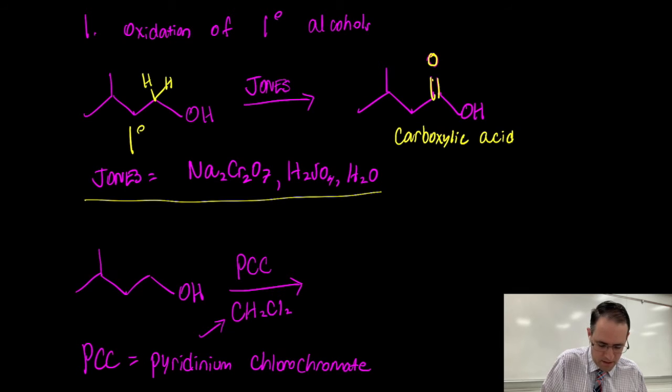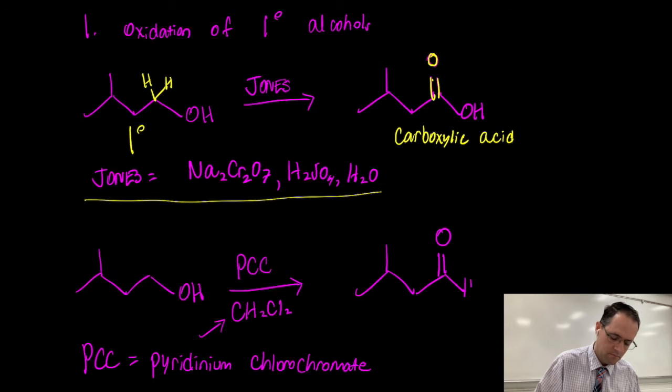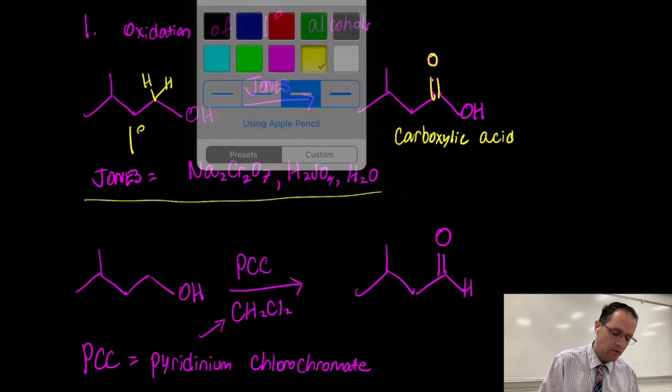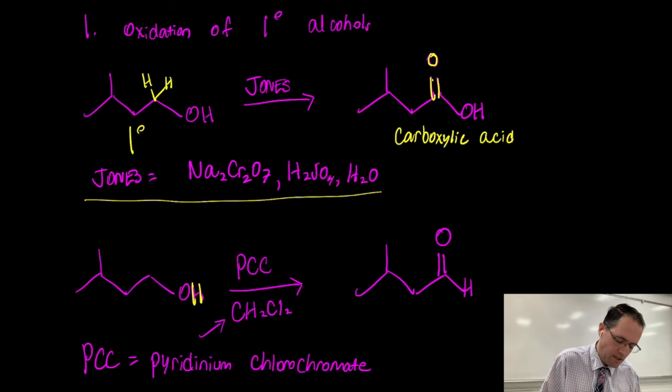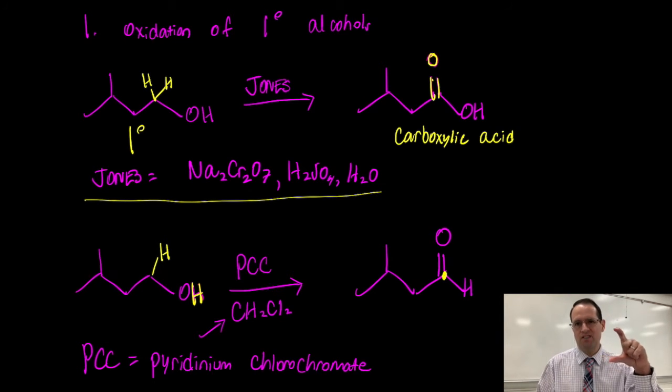And look at the reaction conditions. We do this in an organic compound called methylene chloride, and from this reaction you isolate the aldehyde. So remember what we're doing there. We're taking away the hydrogen on the oxygen, and we're taking away only one of the hydrogens on this carbon atom. Then you form a carbon-oxygen double bond between those two positions.